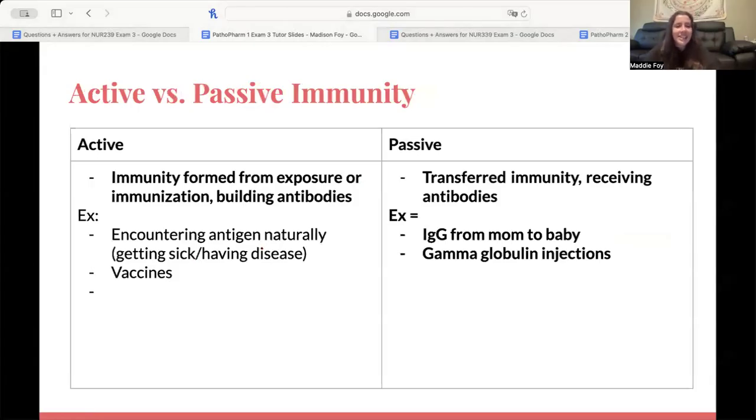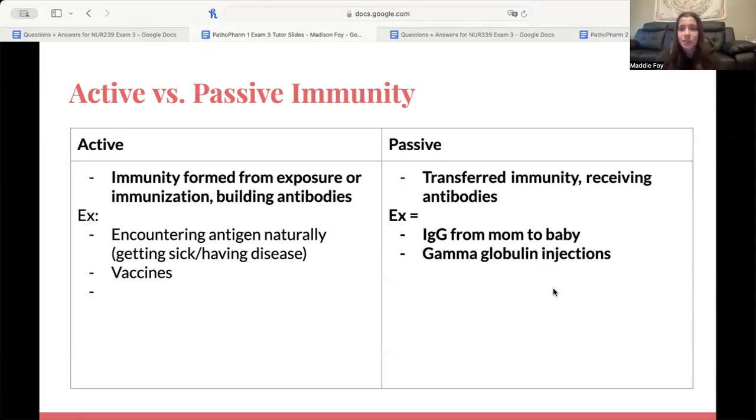And then you have active versus passive immunity. Active immunity is immunity that's formed from exposure or immunization. A lot of people might think immunization is passive, but that is an active form of immunity. The two ways that happens are encountering it naturally, like you got sick from a friend or your boyfriend or girlfriend had something and you got it from them, and vaccines as well.